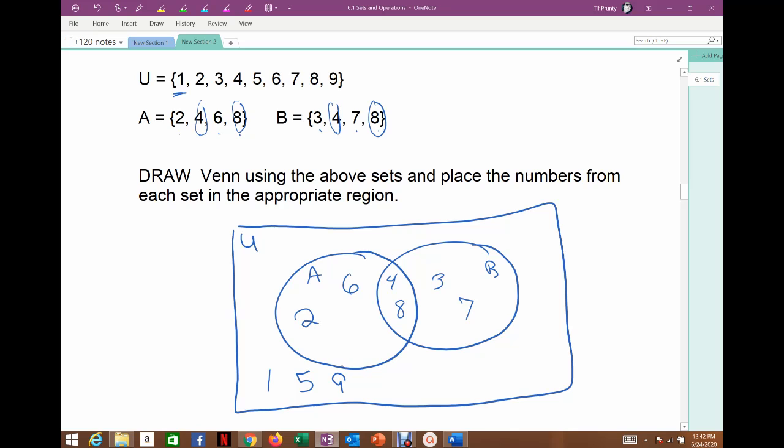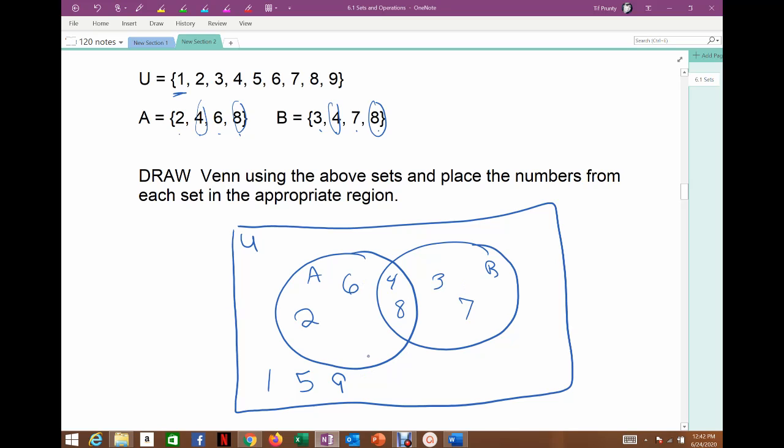Then I check to make sure I've got all my numbers. My universal set has to have everything included, and included once. There's only one number 2, there's only one number 4; it just happens to show up in 4 spots, in circle A, circle B, and the universal. I check 1, 2, 3, 4, 5, 6, 7, 8, 9, and that's it. That's my universal set.